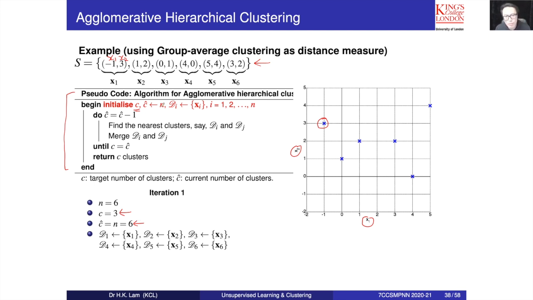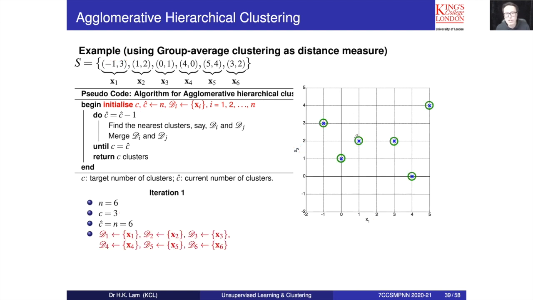Initially, each sample is assigned to be one single cluster, so n, the number of samples, is 6 in our example, and C hat is 6 as well, because when we first enter this line, the number of clusters equals the number of samples. That means we have cluster 1, x1, cluster 2, x2, and so on up to cluster 6. So we have 6 clusters indicated by the green circles.